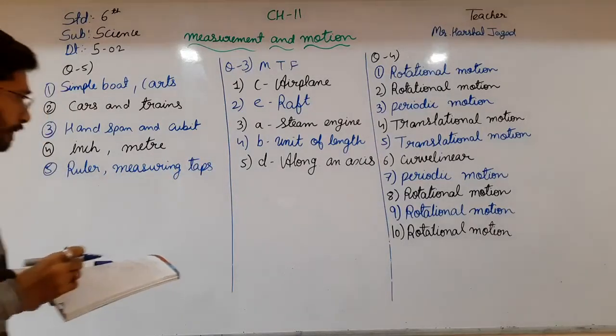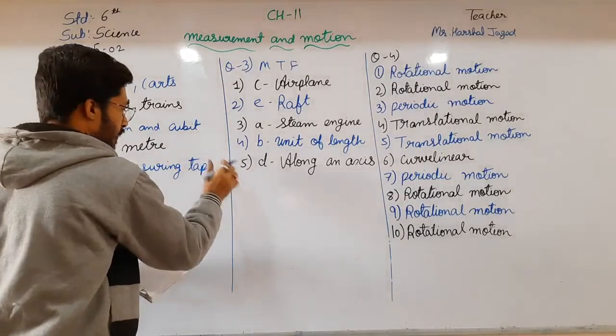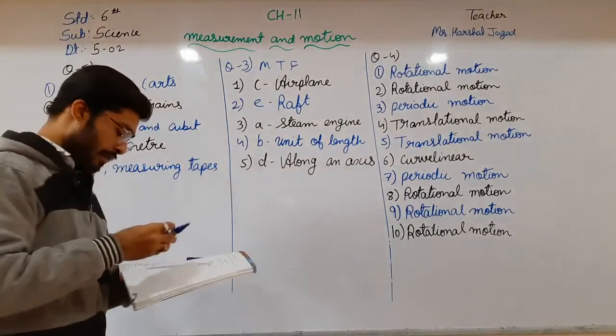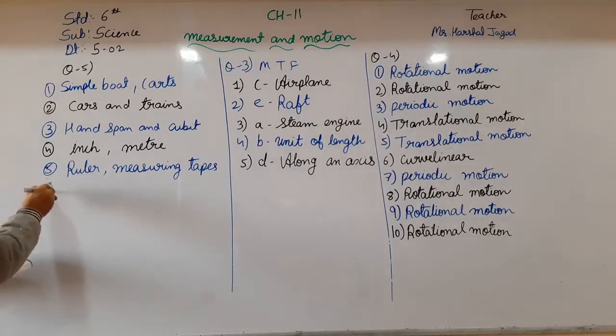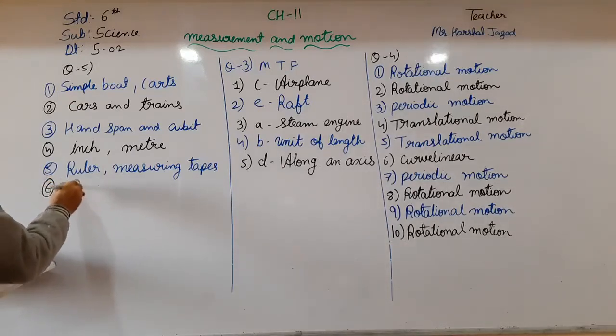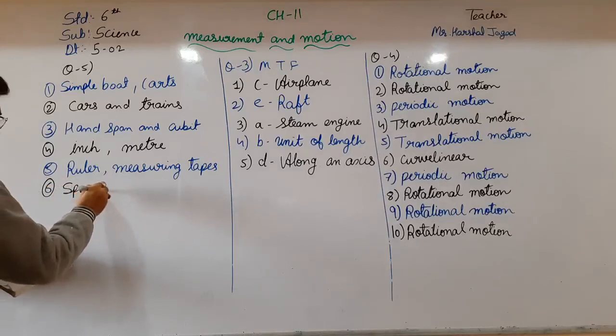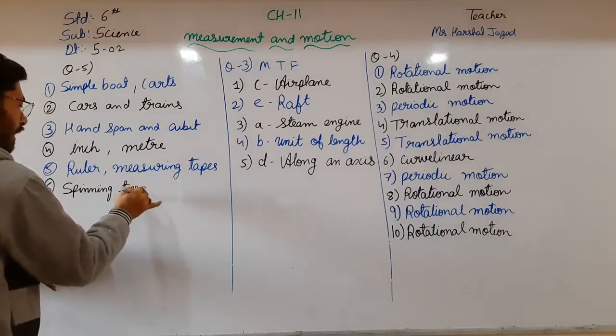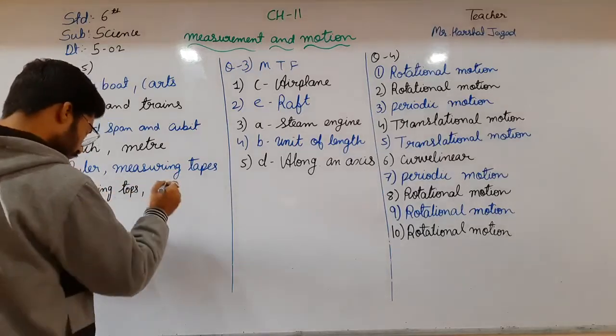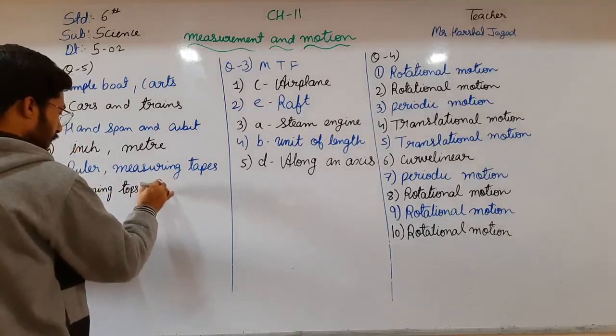Sixth one, objects that undergo rotational motion, that is spinning tops and wheels of car.